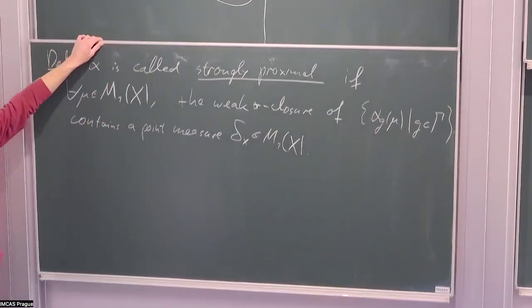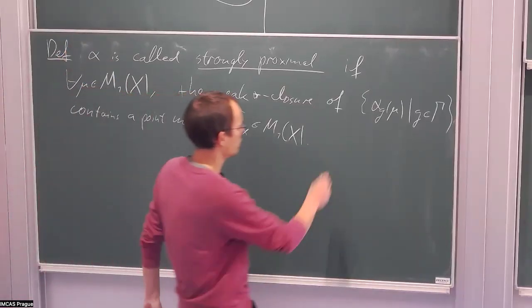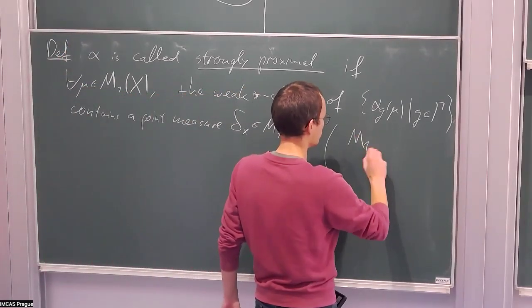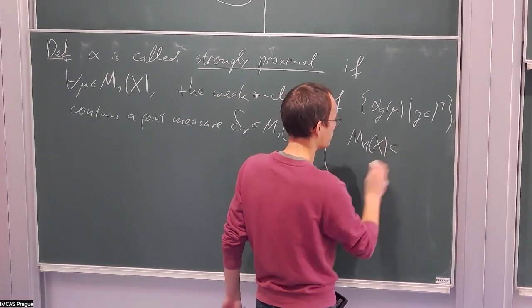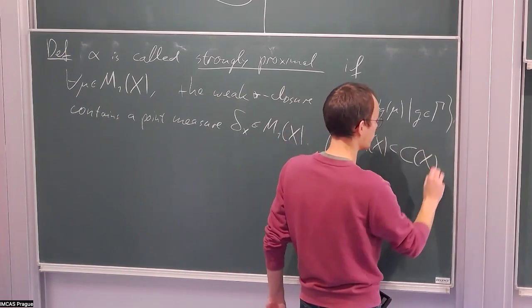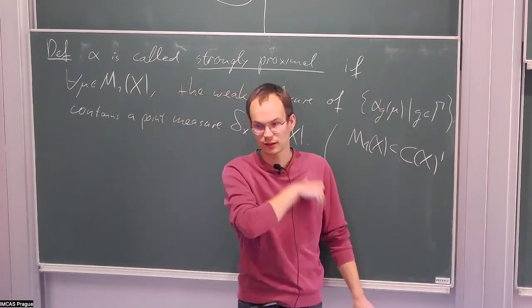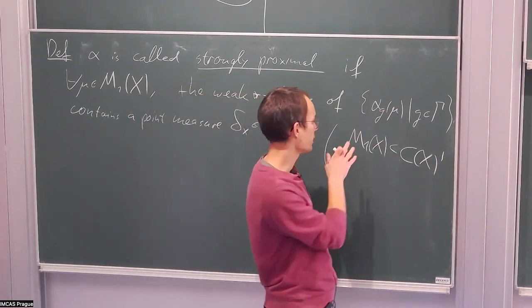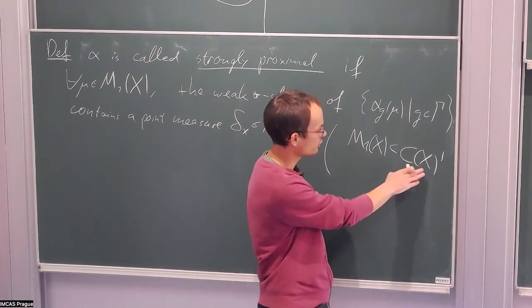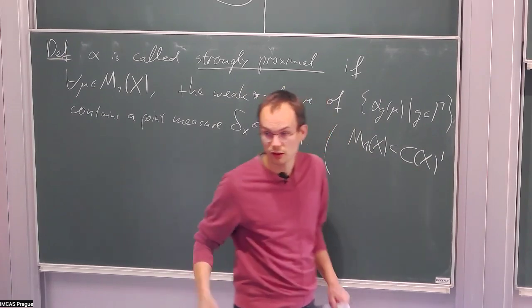For the weak star closure, I should say that we can embed this space of measures into the dual space of C(X). If C(X) is a Banach space, I can look at its dual, and any measure defines a continuous linear functional on C(X). That's the Riesz-Markov-Kakutani representation theorem. In fact, all functionals on C(X) are induced by measures.